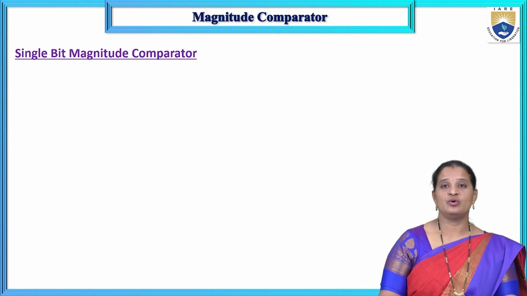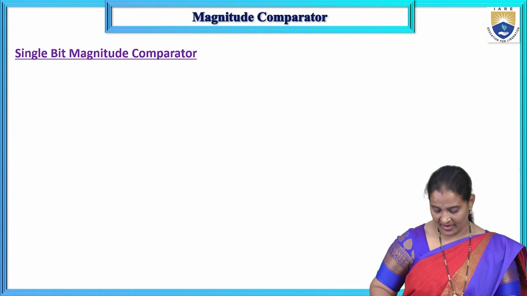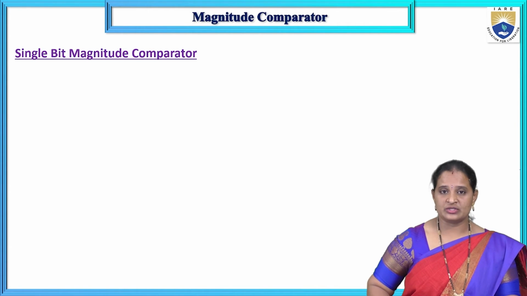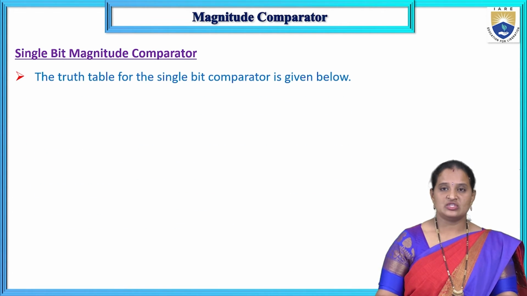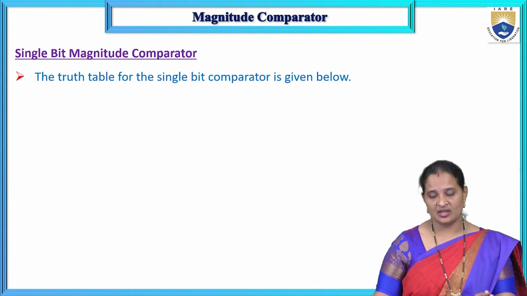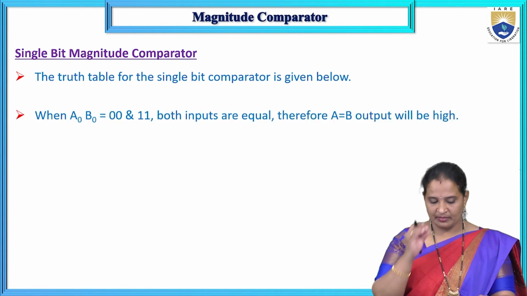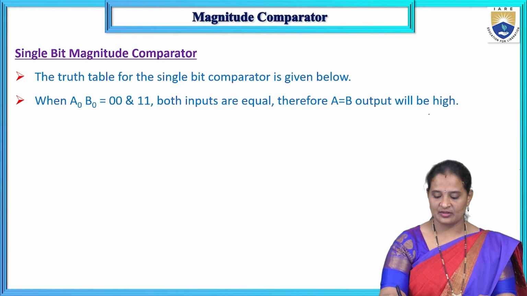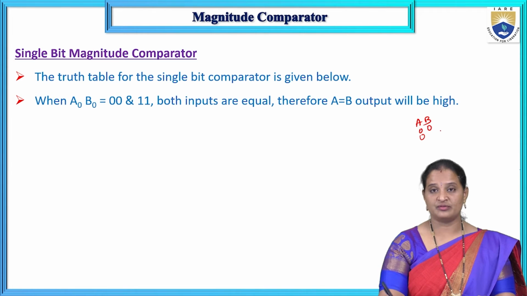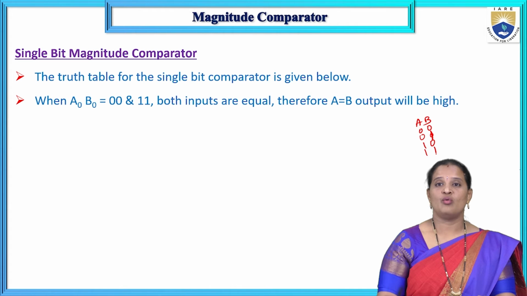Now let us try to implement a magnitude comparator, which can compare two single bit binary numbers. So now let us draw the truth table for a single bit comparator. As I said, we have two inputs A, B, which are of single bit each. So we may have four possible combinations: 0 0, 0 1, 1 0, 1 1.